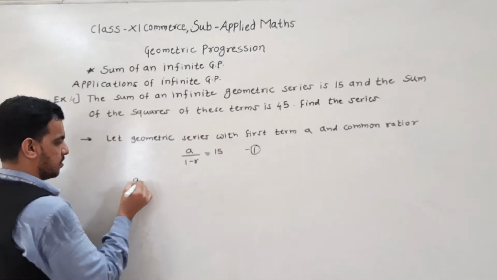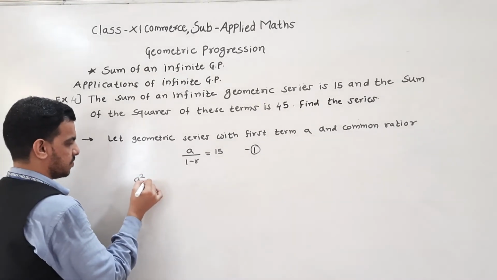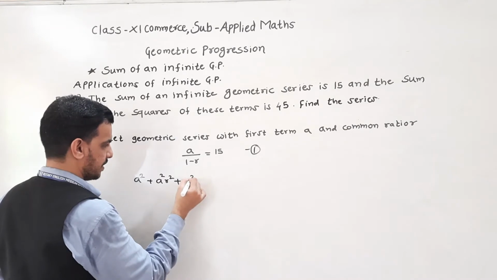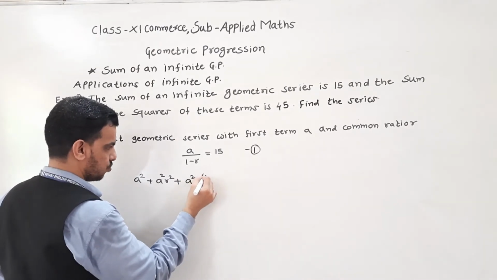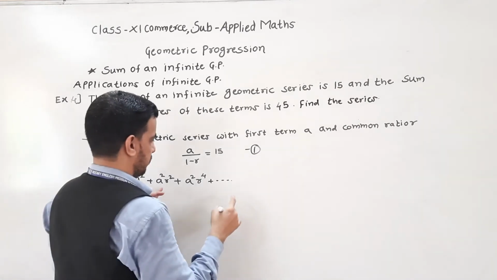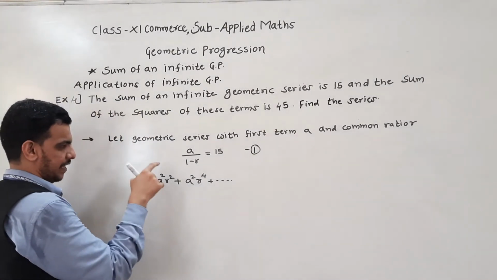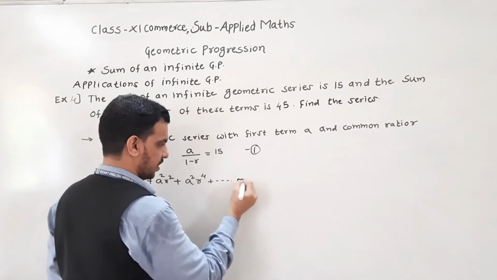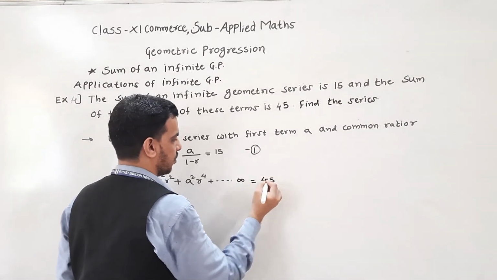So the sum of the squares means A square plus A square R square plus A square R raised to 4 plus and so on. Okay, because here the first term is A, then AR, then AR square and so on up to infinity. This sum is given as 45.